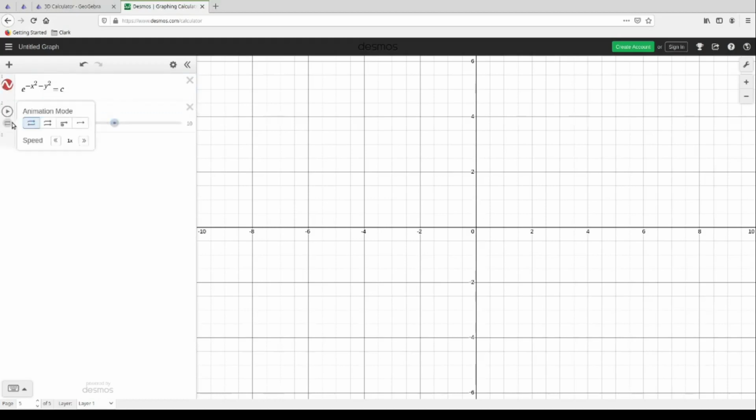This is for c from 0 to 1. So the level curves of this function are exactly circles. So for any given value of c, we have that the level curve is a circle. So this is a pretty powerful tool for us in terms of visualizing multivariable functions.